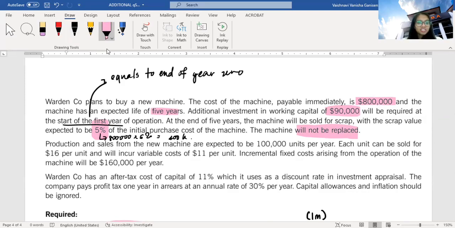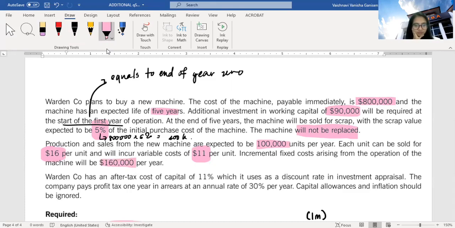Now, here, production and sales for the new machine is expected to be 100,000 units per year. Each unit can be sold at $16 per unit, and they will incur a variable cost of $11 per unit. Incremental fixed costs arising from the operation of the machine would be 160,000 per year.